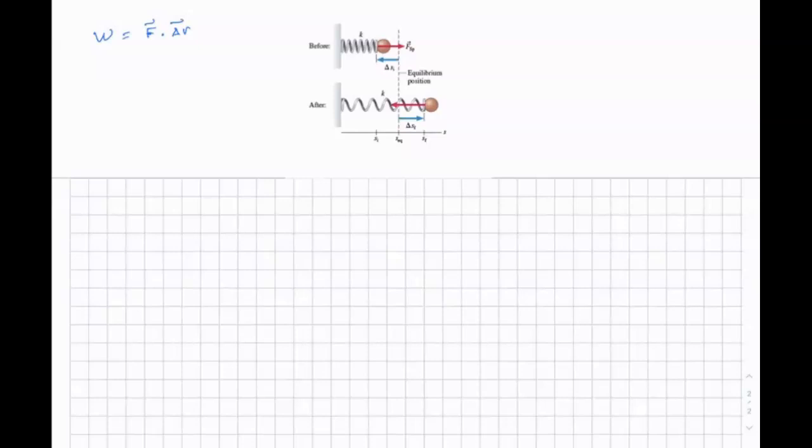The more general definition assumes that the force could be changing with the displacement. If that's the case, then we have to define the work as the integral of, say, the force in the x direction over the displacement dx from some initial position, x initial, to x final.